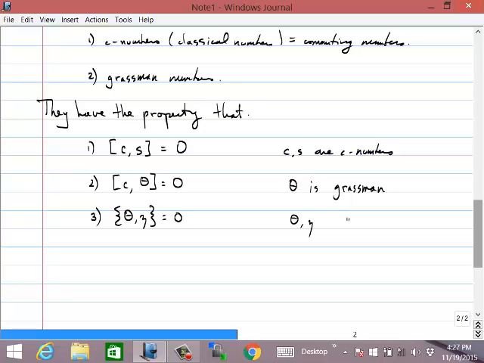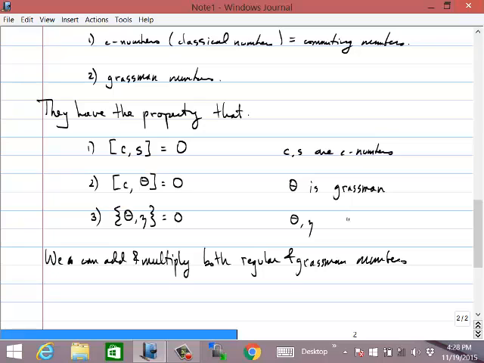And just as you can add and multiply regular numbers together, we can add and multiply together both C numbers and Grassmann numbers. So first, let's talk about addition. If you add together two C numbers, then you still get a C number.